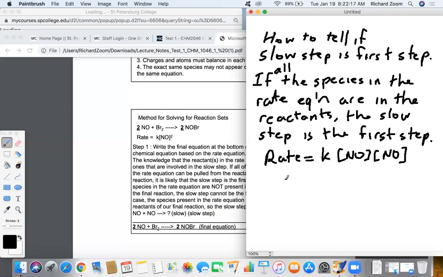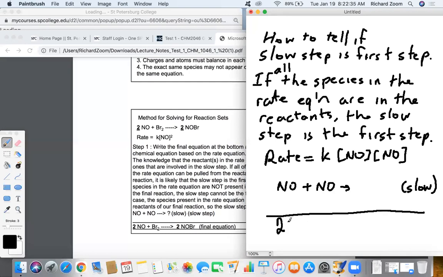So what that means, and that's why it's important to know this, is the slow step is the first step. And this is what I would come up with first. I also know that any reactions I come up with are going to have to add up to the reaction that I'm given, the final equation, which is what I was given initially.